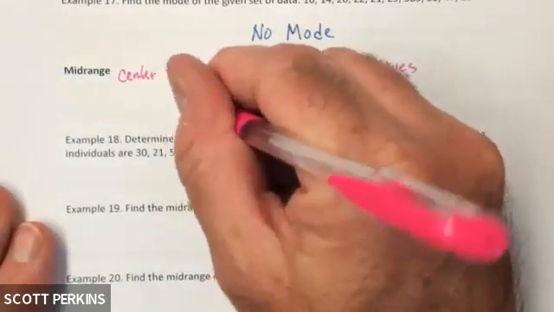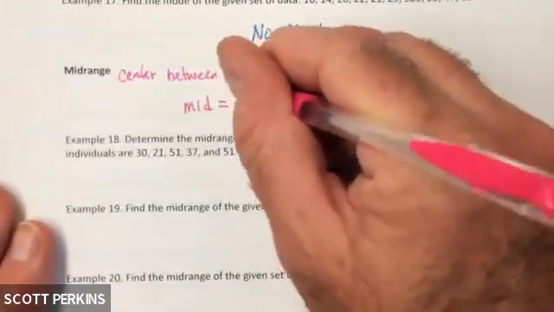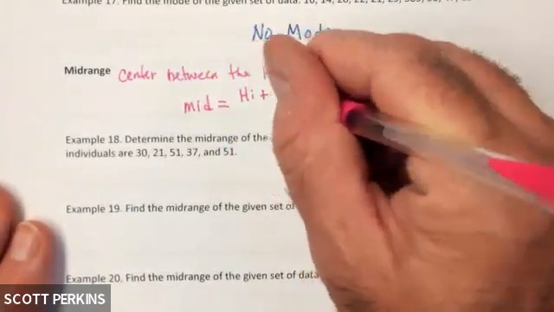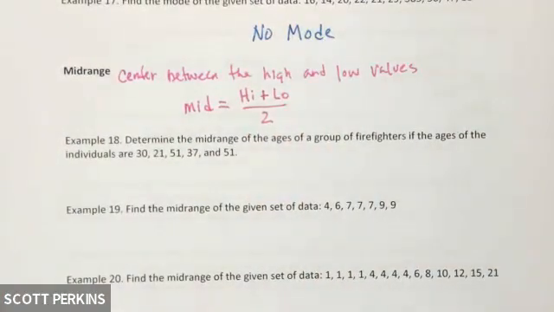So the mid-range, I'm going to abbreviate MID. It doesn't get a symbol. The mid-range is the high value, I'm just abbreviating, plus the low value, divided by 2. That's all it is. I probably don't need to do an example, but I'm going to just to be thorough. I'm going to do example 18 one more time, our firefighters. We've got our 5 firefighters.